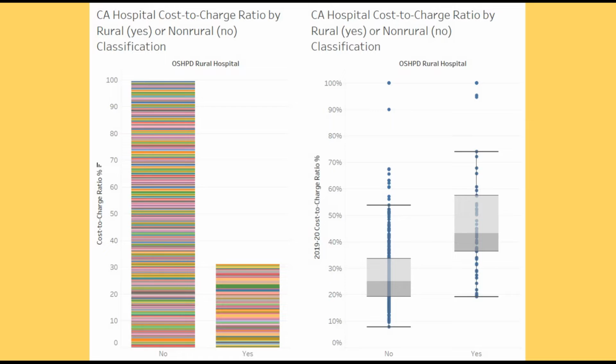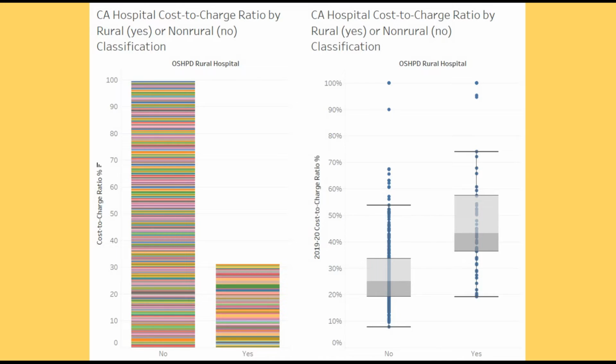In these two graphs, the same data is being displayed: the California hospital cost to charge ratio by rural, meaning yes, or non-rural, meaning no, classification. In the chart on the left, the cost to charge ratio is shown in a stacked bar graph.